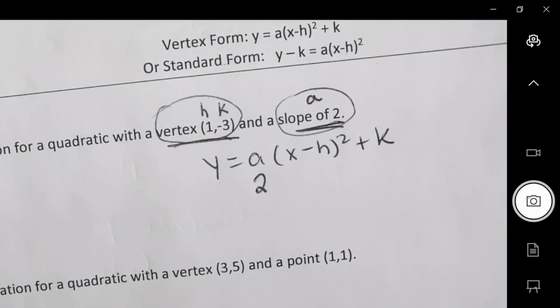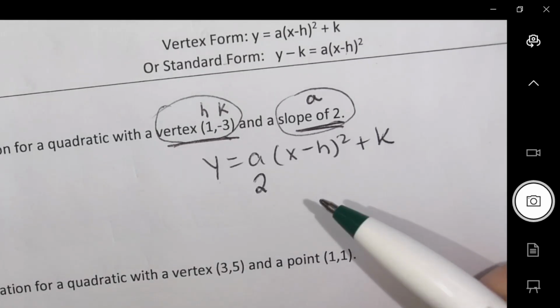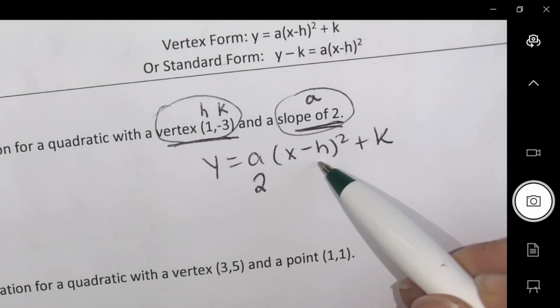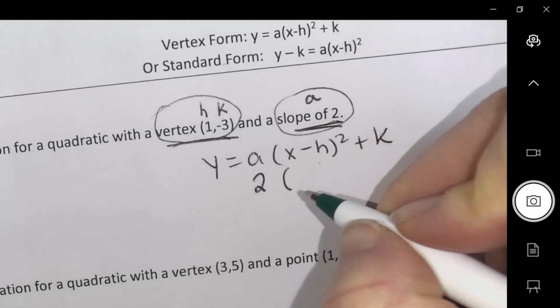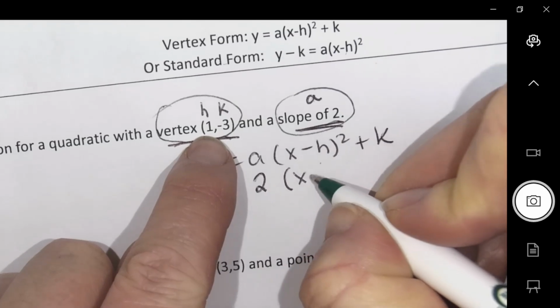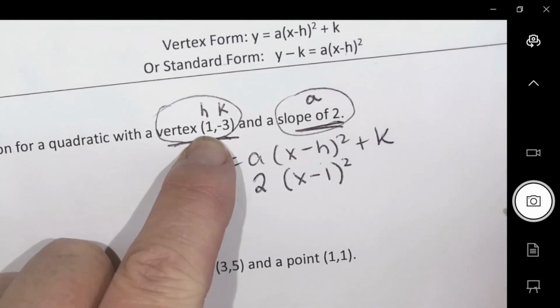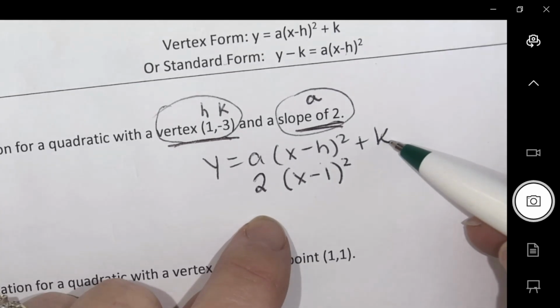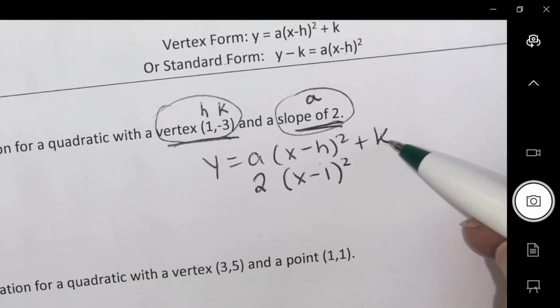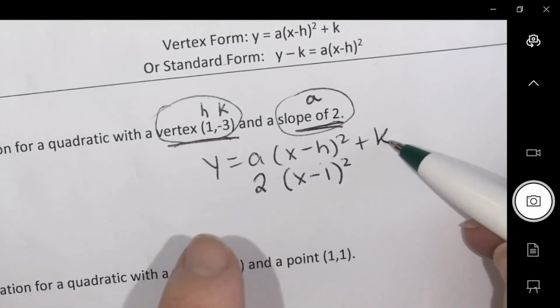Okay, when we're putting it in, here's what I want you to think about. Because this is minus H, we're going to put in the opposite. So because I see a 1, I'm going to go minus 1. And because this is a plus K, a plus means to do whatever you see.